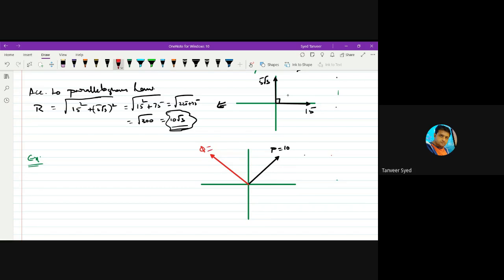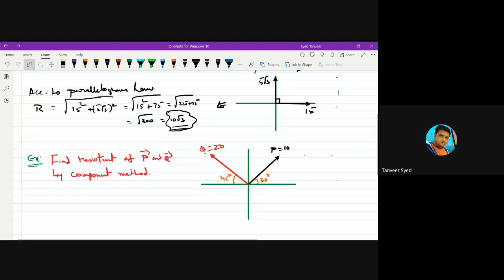Or say 20. Take it 20. And what are the angles here? Vector p is making 30 degree. Vector q is making 45 degree. Now, if I want you to find out the resultant of these two vectors, find the resultant of p and q by component method.